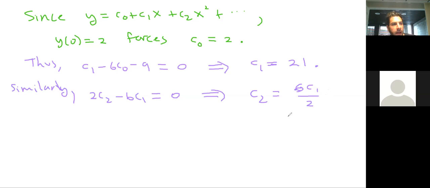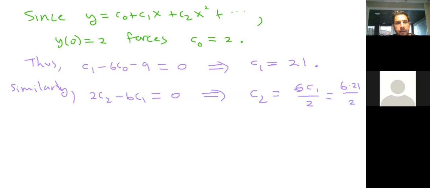Now we can plug that number in if we wanted. Just for fun, let's plug it in. So this is 6 times 21 over 2. Now notice I'm not computing these numbers yet, because what I'm really looking for is a pattern to make things a little cleaner to write.